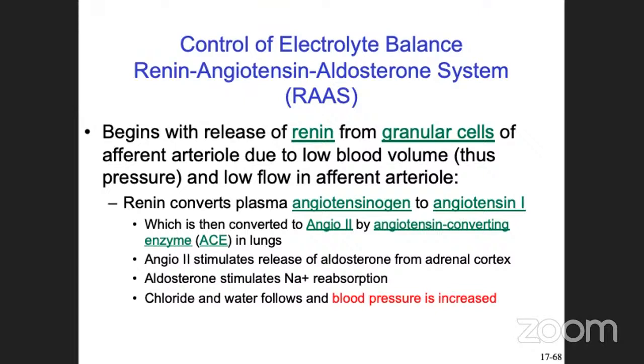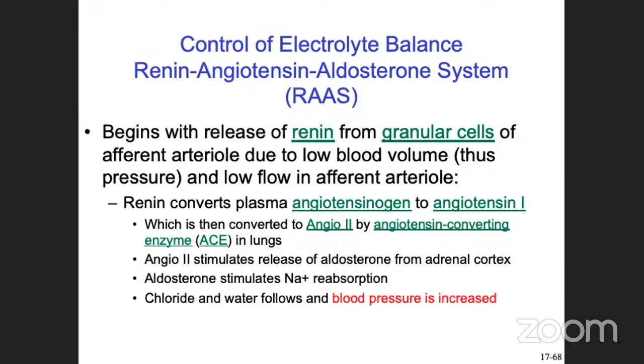So inside this slide, I put it, the angiotensin 2 stimulates the release of aldosterone from the adrenal cortex. Aldosterone then stimulates the sodium reabsorption, means sodium being retained in the circulatory system. Most of them being reabsorbed from the kidney into the circulatory system.